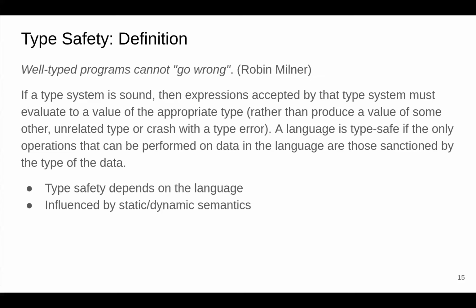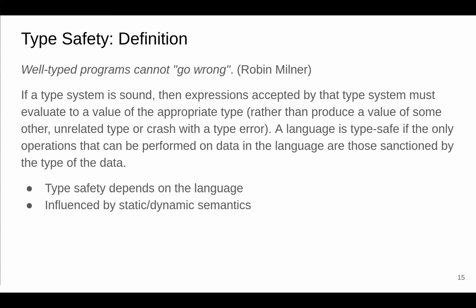First, type safety. Type safety means that the program is following your declared types to some extent. And it kind of goes back to Robin Milner, who said that well-typed programs cannot go wrong. As in, if your type system is sound, then expressions accepted by the type system must evaluate to a value of the appropriate type.